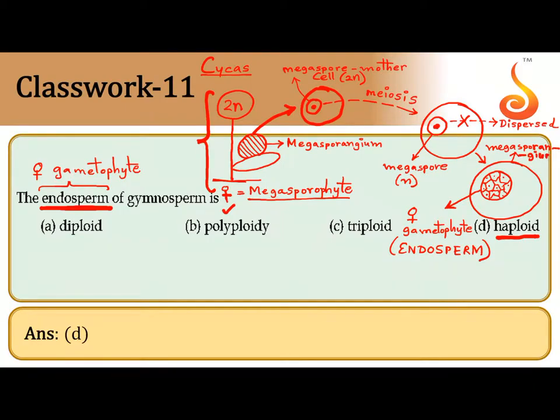It is the vessel in which the megaspore was formed, and the megaspore does not come out; inside only, it develops into a sexual generation. Which is the sexual generation that megaspore gives rise to? It gives rise to a female gametophyte. In case of Cycas, in case of gymnosperms, we call this sexual generation, the female, not the male, because it's coming from megaspore, the endosperm.